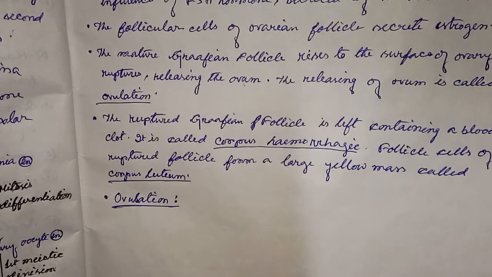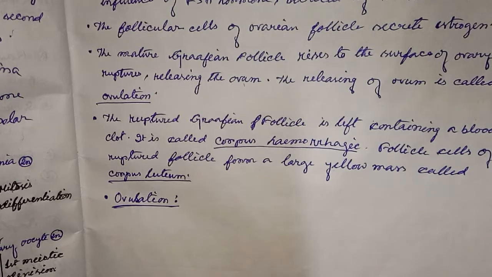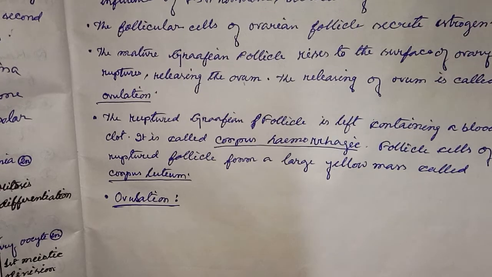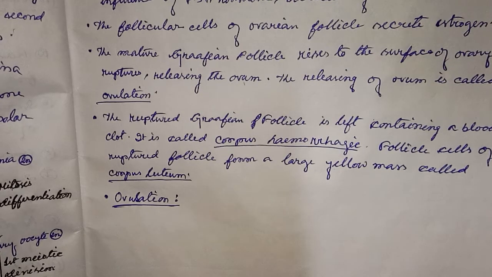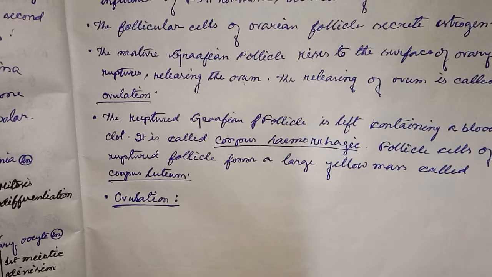This is called ovulation. It is caused by increased turbidity in the follicle and is aided by the contraction of unstriped muscle fibers around the follicle. In human female, only one ovum is released at each ovulation during each menstrual cycle.